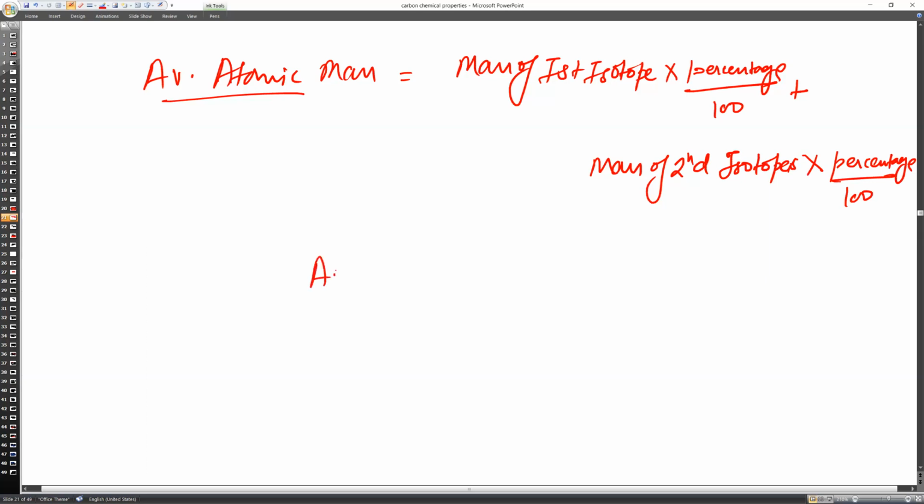It can be written as average atomic mass equals percentage of A upon 100 into mass of A, plus percentage of B isotope upon 100 into mass of B. So for example, if we have two isotopes of oxygen, and if the question comes, I have given you these questions in your test paper also. Let's take the test paper.